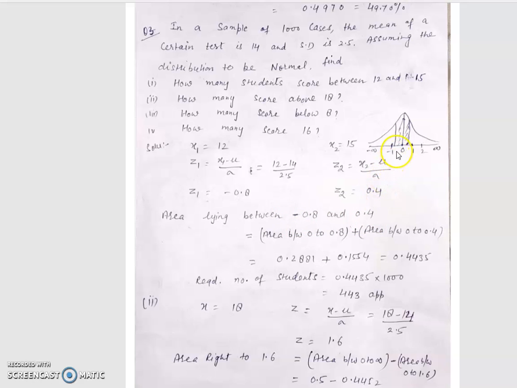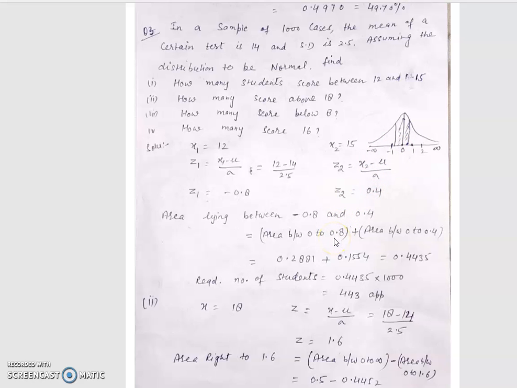In the normal distribution, 0 to 0.4 is here, and 0 to minus 0.8 is here. Therefore, the area is the area between 0 and 0.8 plus the area between 0 and 0.4; the minus sign shows that it is in the opposite direction.